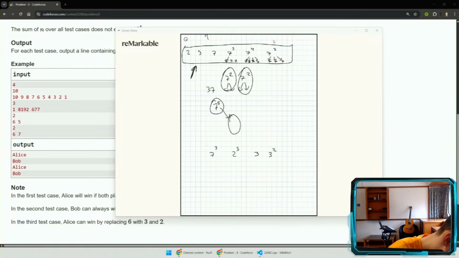Wait, no, maybe not actually. So imagine this is already 7. So new test case. This is already 7. This is like 2 to the 10. And then there is a 3 squared and a 3 here.